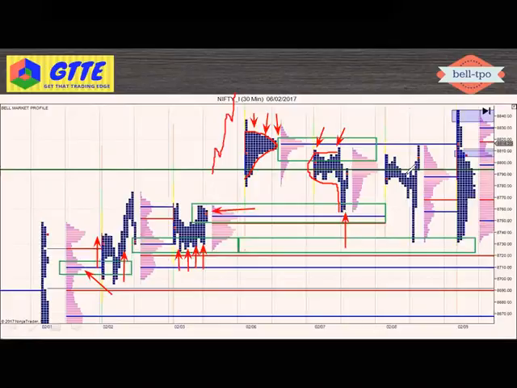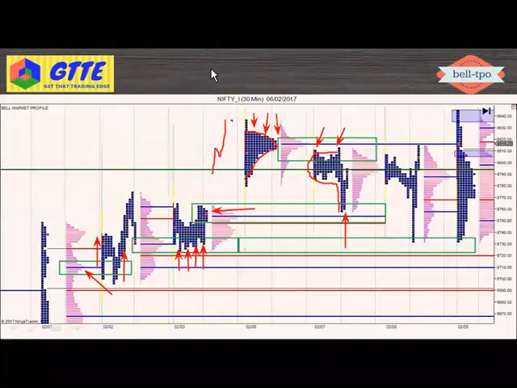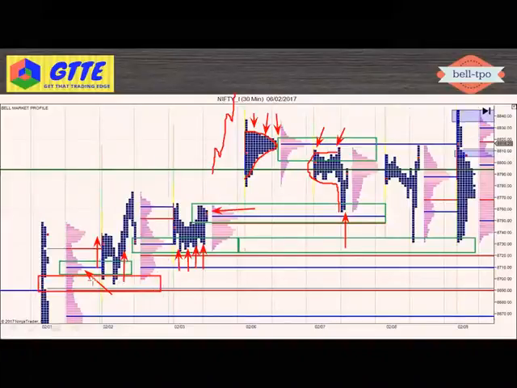Low volume node I am not a big fan of. Usually low volume nodes mean that the market did not trade there for enough time, and when there is not enough time, smart money is rarely involved. Sometimes it happens that on a price profile, if you look at this particular area, this is a low volume area, and it offered some support.